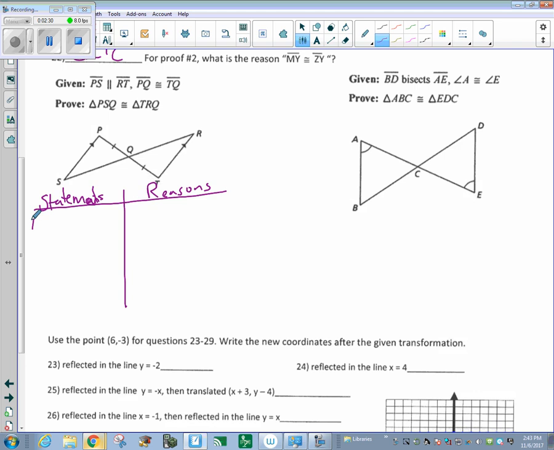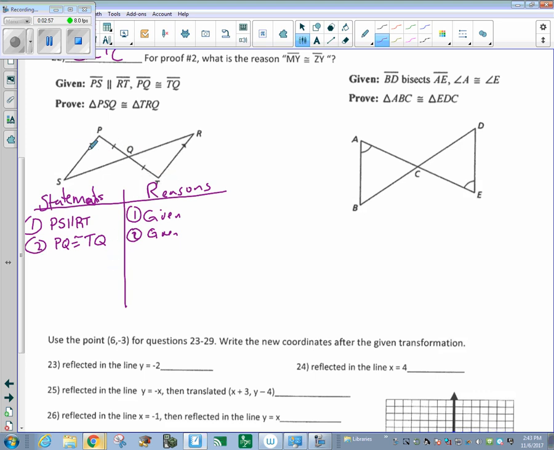So first thing I write down is my given, and when they write two vertical lines, that means they are parallel. So PS is parallel to RT, so that's why the little arrows are on there. That's a given statement. And then we also know that PQ is congruent to TQ, the segments, and they marked them for me already.